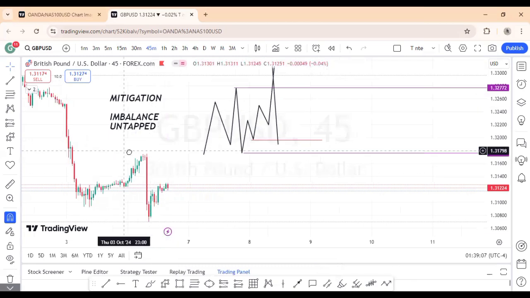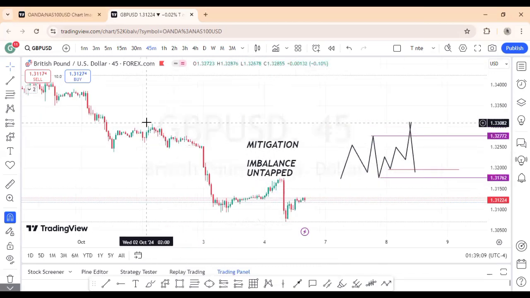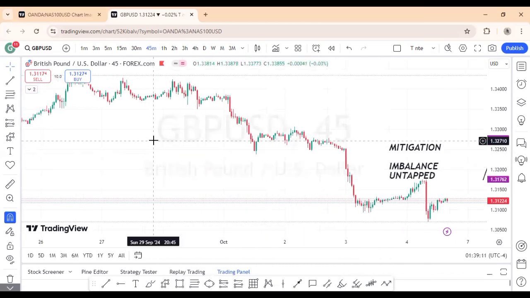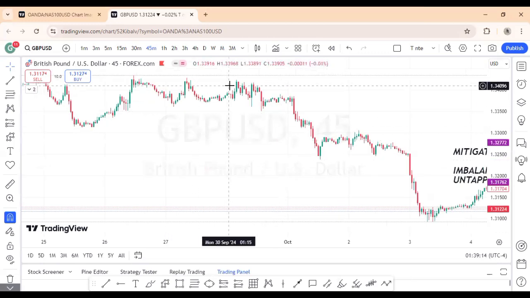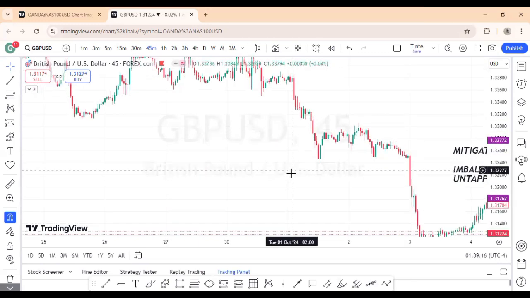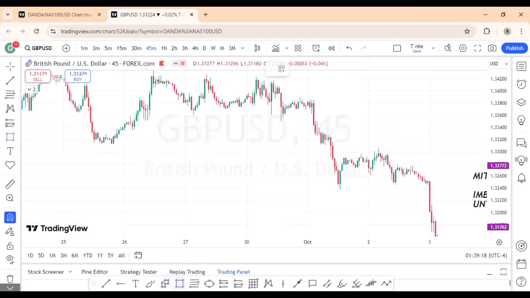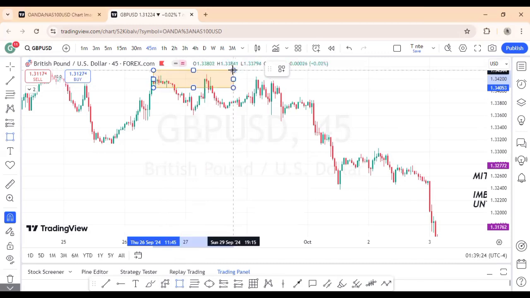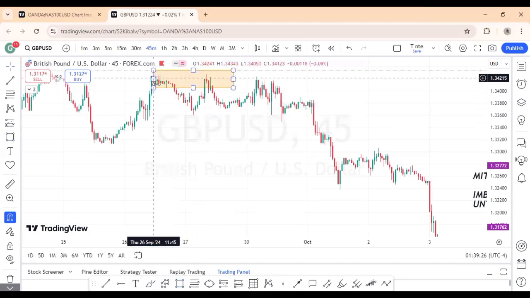Let's look at this market for example, a live example. If you look at this chart very carefully, we have this block. Can you see how price came back into that area? Price came back and pushed into this area.